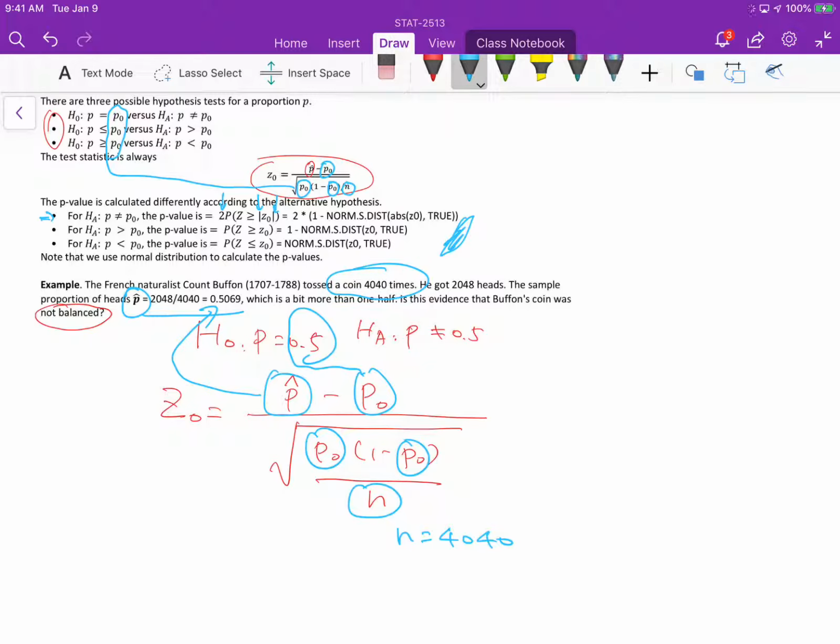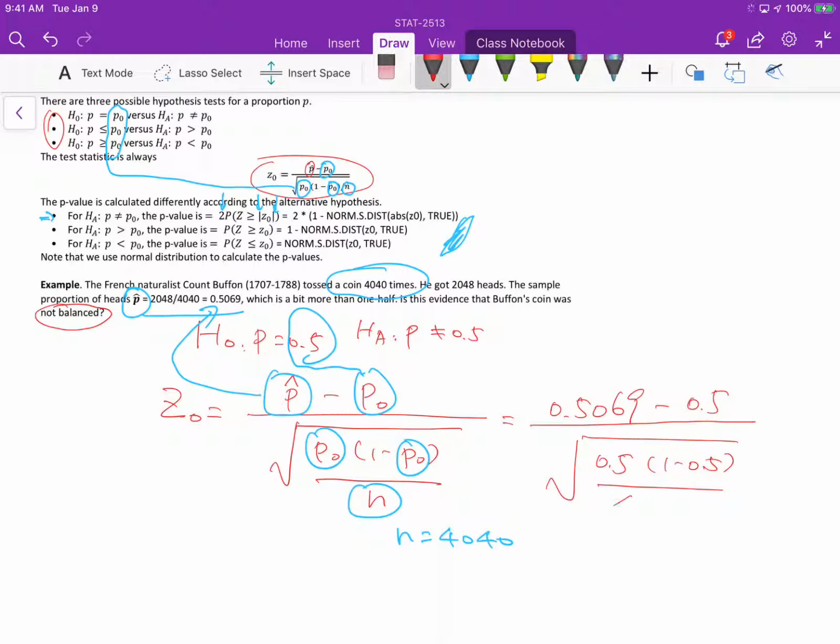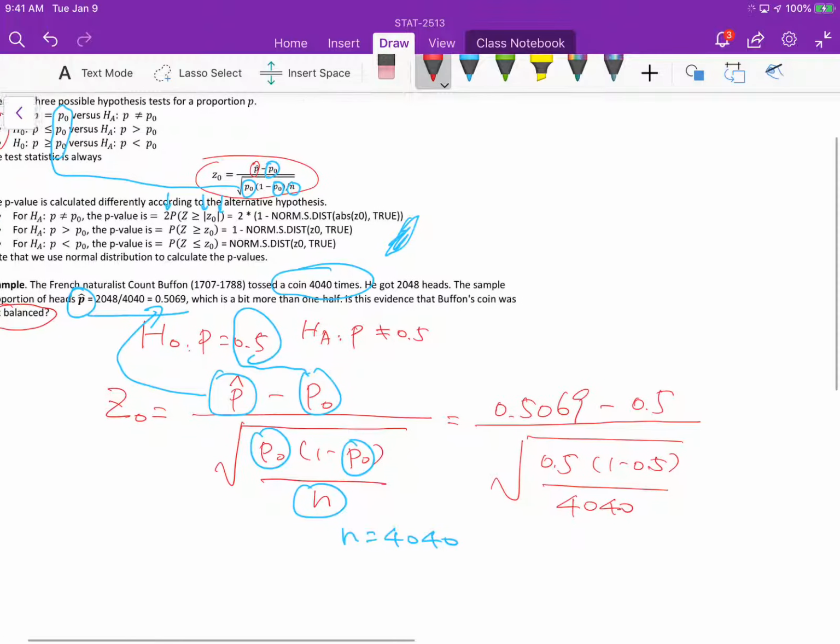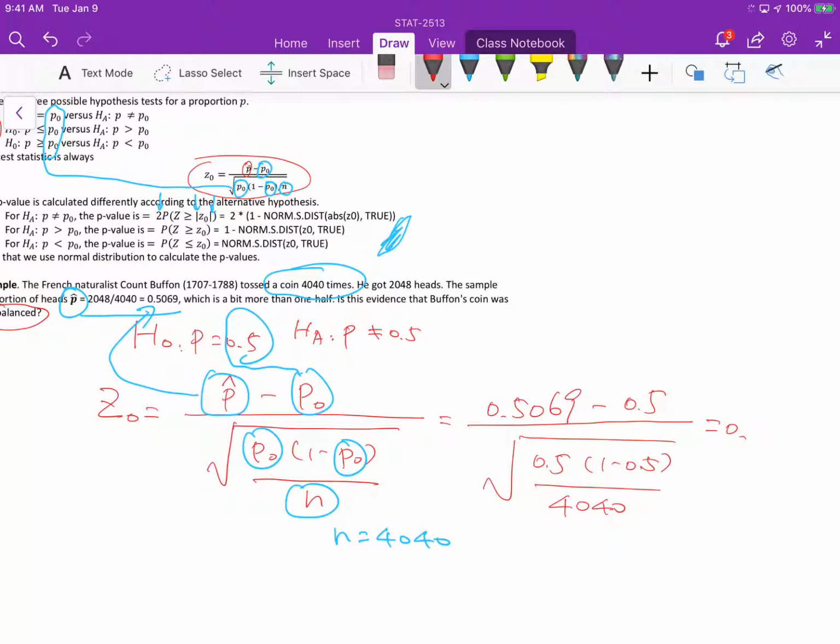After we identify those quantities, we can plug those values into the formula: 0.5069 minus 0.5 over the square root of 0.5 times 1 minus 0.5 over 4,040. Then you do the math and you will get 0.8771.